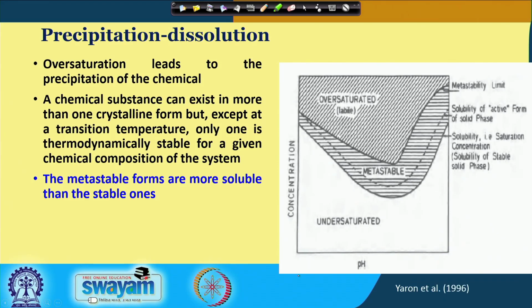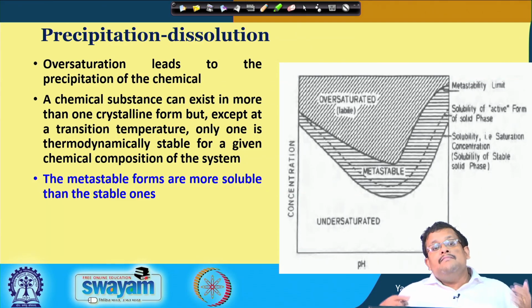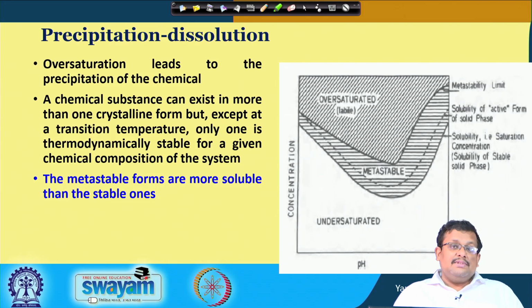Remember that oversaturation leads to the precipitation of the chemical, and a chemical substance can exist in more than one crystalline form, but except at a transition temperature only one is thermodynamically stable for a given chemical composition of the system.